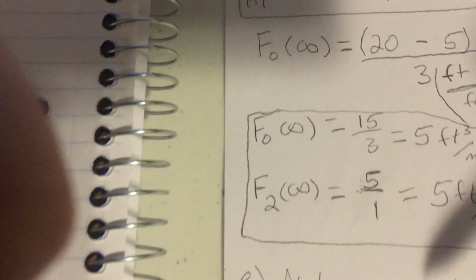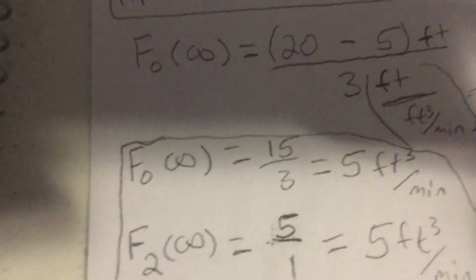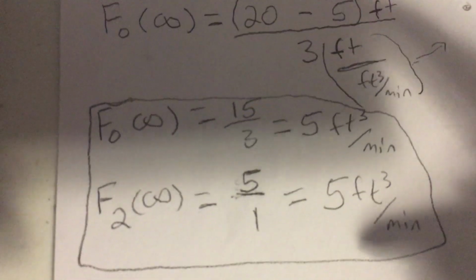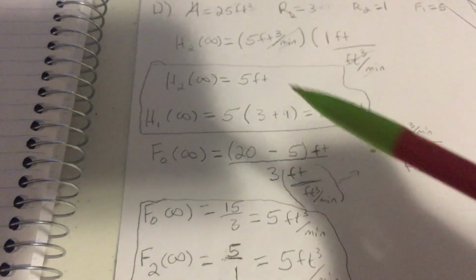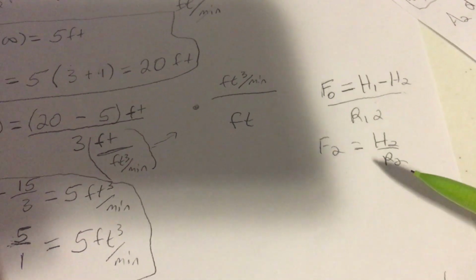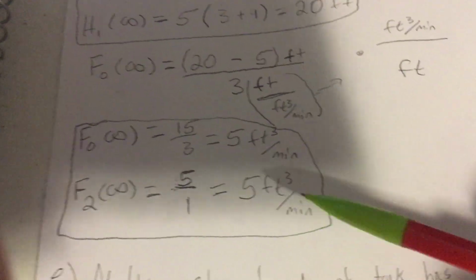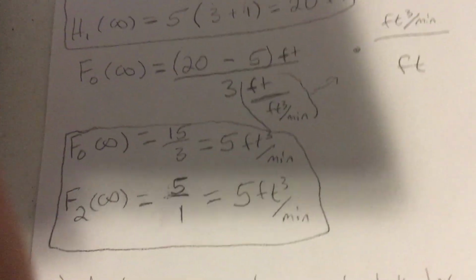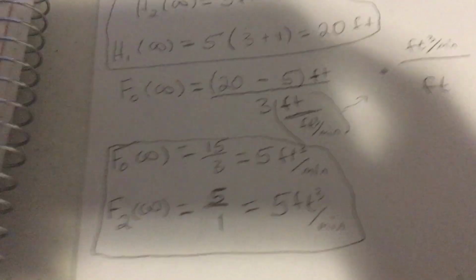Well, we know from what we just determined that the flow in is 5, so we can assume that again it's going to be 5 for F2. You can do the analytical solution using H2, saying it's 5 feet divided by R2, which is 1, and you'll get the same solution. So sometimes it's nice to have the common sense solutions to compare with your analytical solutions. Just a little helpful hint there.